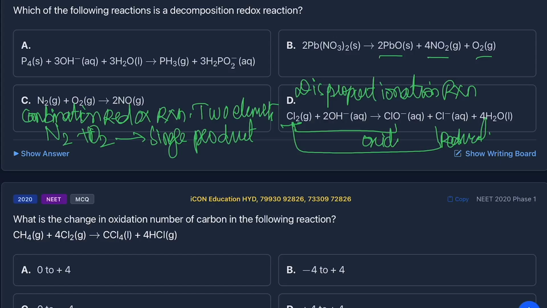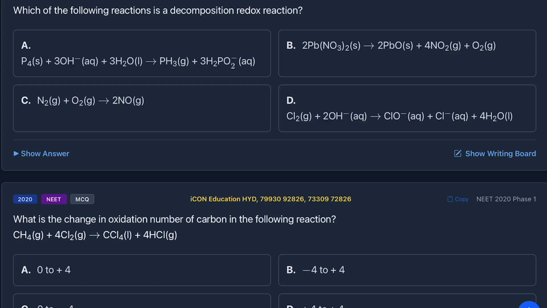So this reaction is a decomposition redox reaction. Option B is our correct option.